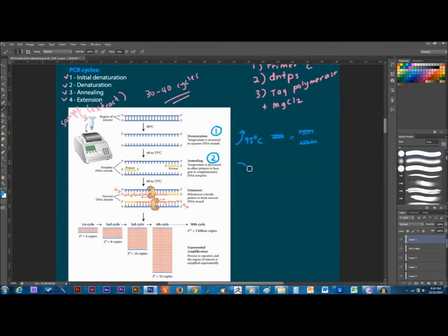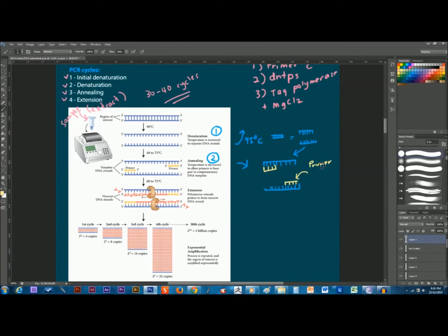We lower the temperature, usually 48 to 72 degrees Celsius. So the temperature is decreased to allow primers, our short sequences of DNA that determine our target DNA, to attach complementarily to the DNA template.